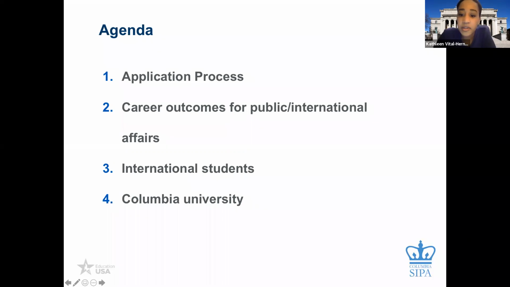I'll be talking about degree programs and the opportunities that are available as far as your career. I'll be talking about opportunities as well for international students. And then lastly, I'll conclude with some information about Columbia University, why SIPA, and what makes our school unique and the advantages that our students have.